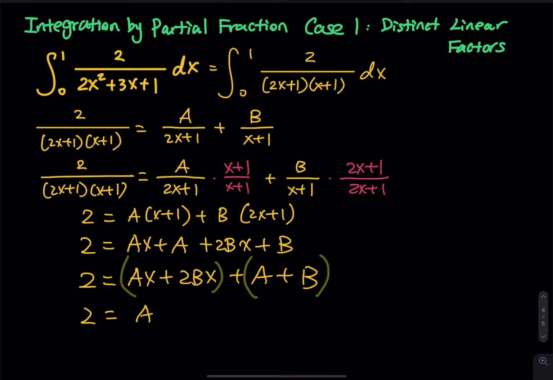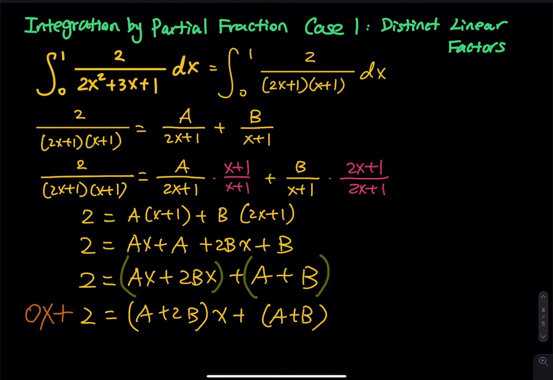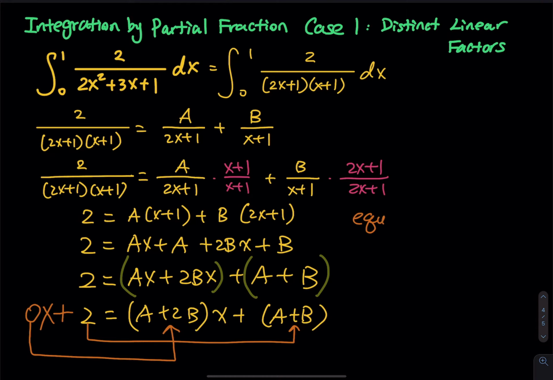So we have a plus 2b times x, and then a plus b, which is the constant. Since there is no x on the other side, you can add a 0x. So the 0 equals a plus 2b, and the 2 equals a plus b. So this step is called equating the coefficients.